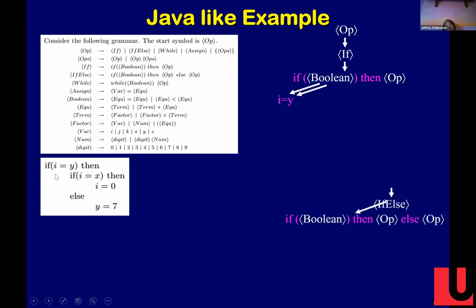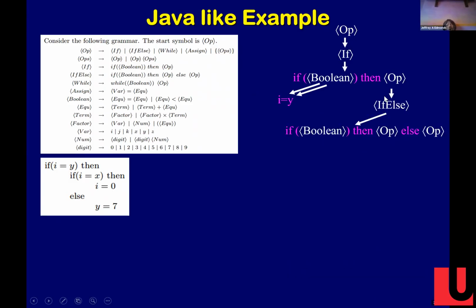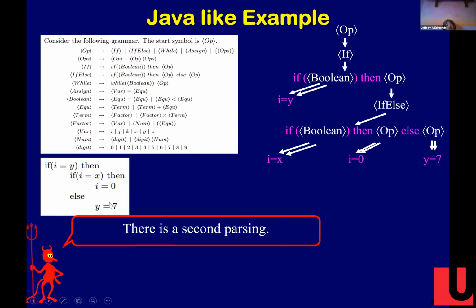And what's this op? Well, this op could be an else if, which is going to be if this operation, then this op, else that op. That looks like a great parsing.